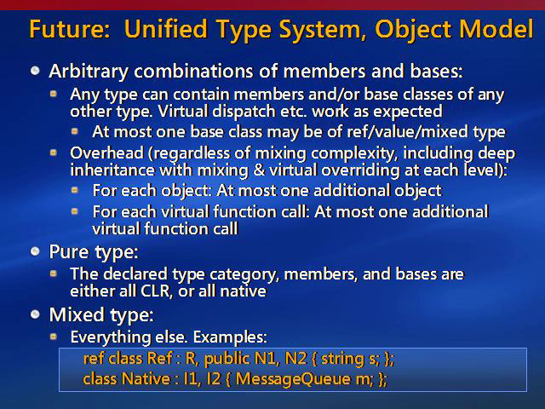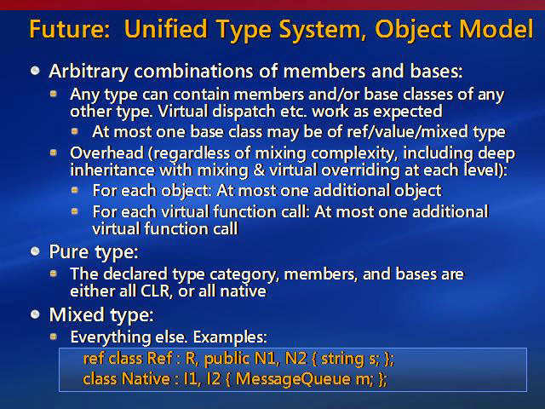And so this is actually what we've been calling mixed types. A pure type is a reference class that only inherits from other reference classes or only embeds other reference classes, and a pure type is also a native class that only inherits from a native class or embeds a native class. When a reference class inherits from or embeds a native class, or a native class embeds a reference class, you're combining two different things that have different lifetimes.